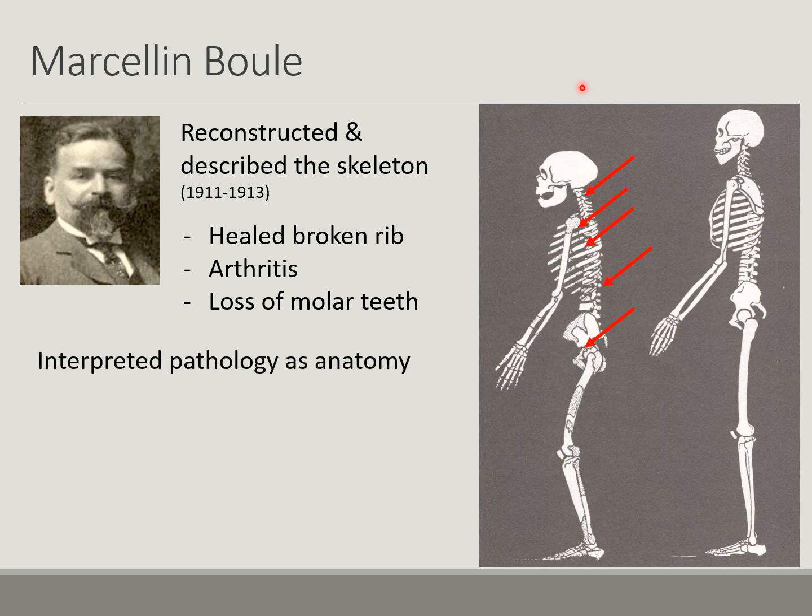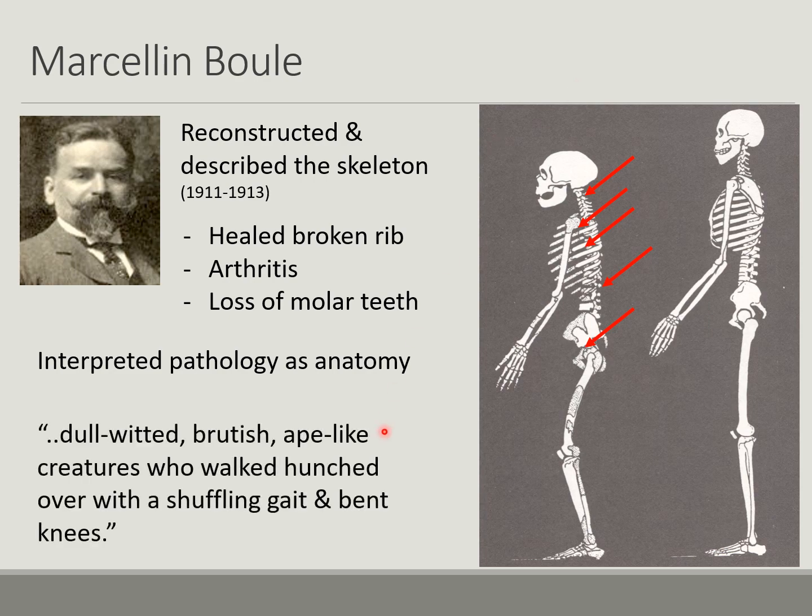And so Boule interpreted this pathology as actual anatomy. So he thought this is what all Neanderthals looked like. And so he described Neanderthals then as dull-witted, brutish, ape-like creatures who walked hunched over with a shuffling gait and bent knees. But actually, all of that was because this individual had arthritis. But he interpreted it as actual anatomy.